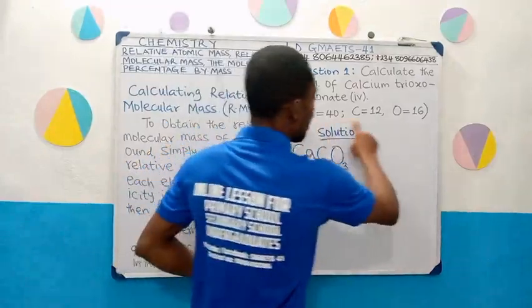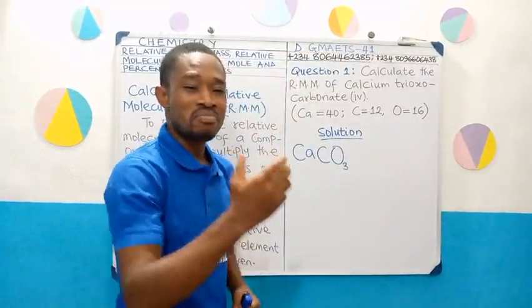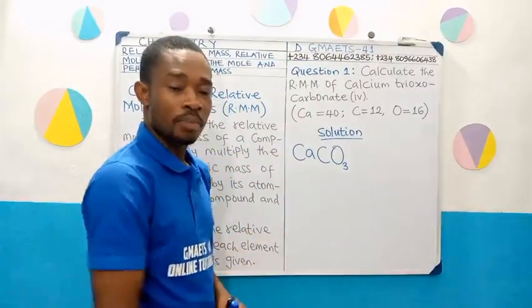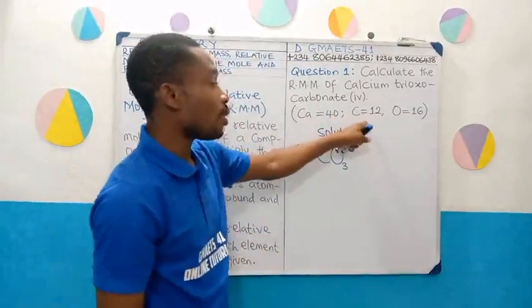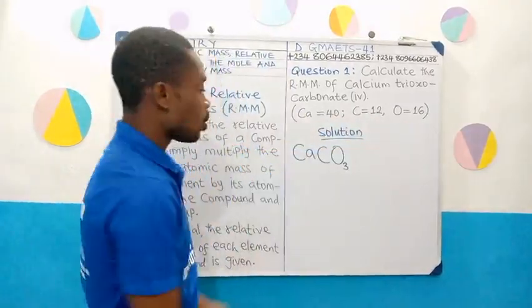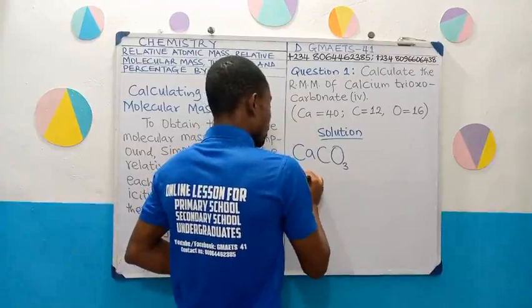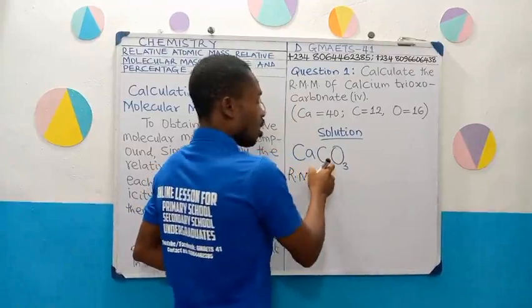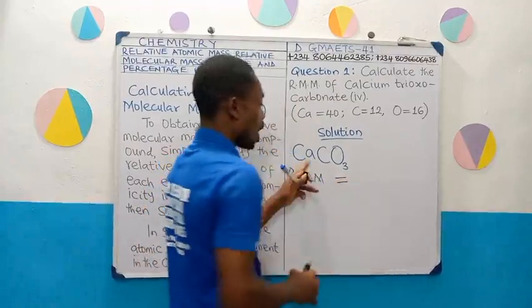You see that here they gave us the relative atomic mass of the elements that make up this compound. Calcium, the relative atomic mass is 40. Carbon is 12. Oxygen is 16. So we are going to say that R.M.M, relative molecular mass of this calcium trioxocarbonate 4, will now be equal to, I'll come to this.